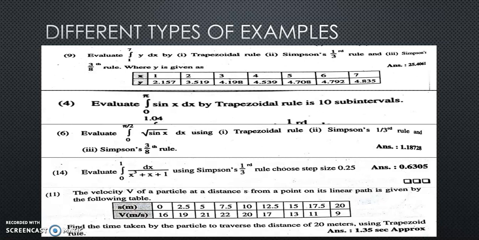Find out the values of time for the corresponding given values of the distance and velocity. So you get one more row here for t, and those values of t are going to be your y values, noted as y0, y1, etc. up to yn. Then use the appropriate formula, substitute and simplify.